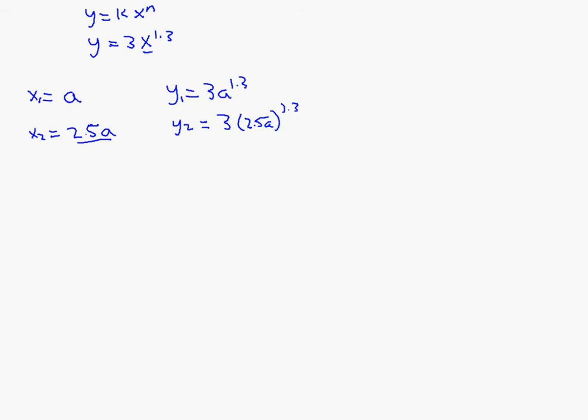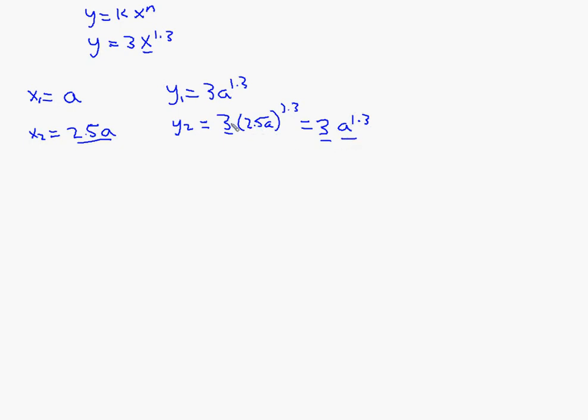The theory is, because this is a power function, it's not really a theory, every time you induce a multiplicative change in your inputs, there'll be some corresponding multiplicative change in your outputs. To see what it is, let me multiply this out, in an order that you probably wouldn't do. We have the 3 here, which I copied, and then since the a is in the parentheses, it's most decidedly being raised to the 1.3 power. But what's new is this 2.5.